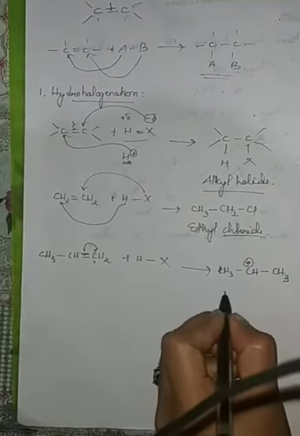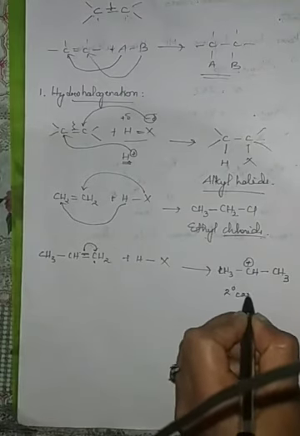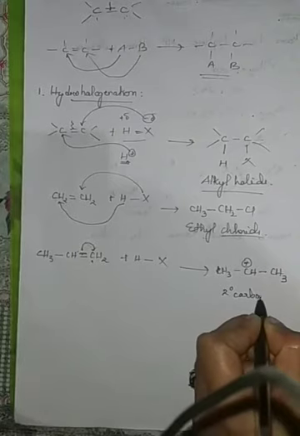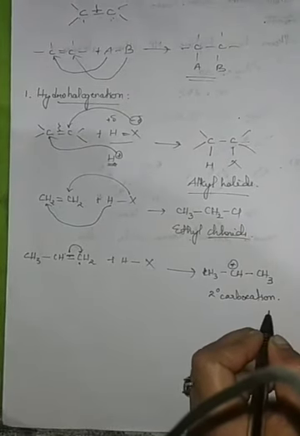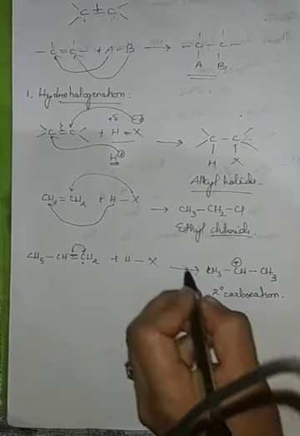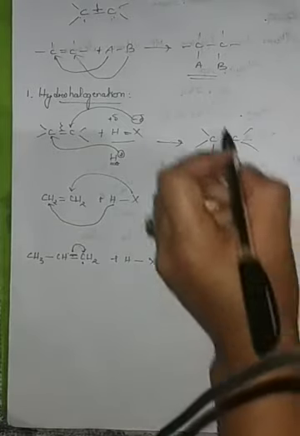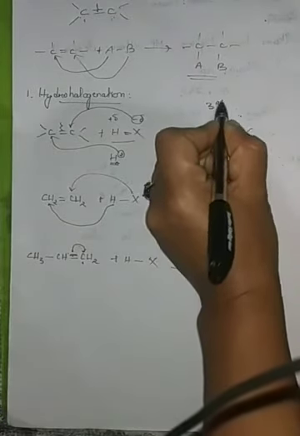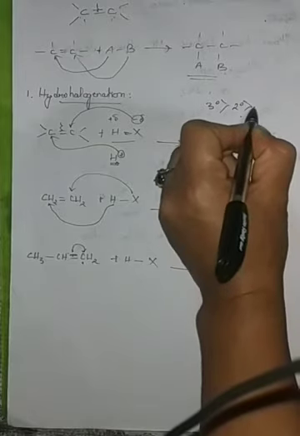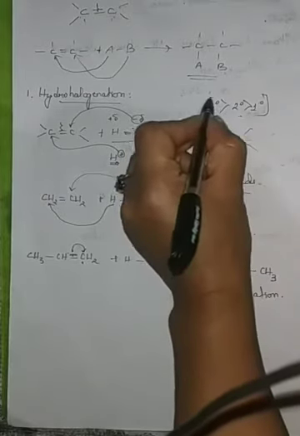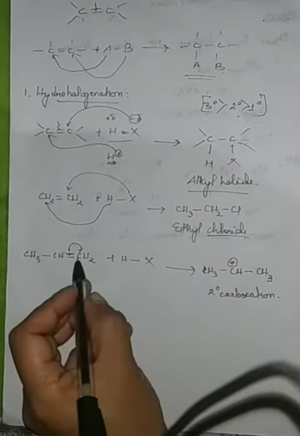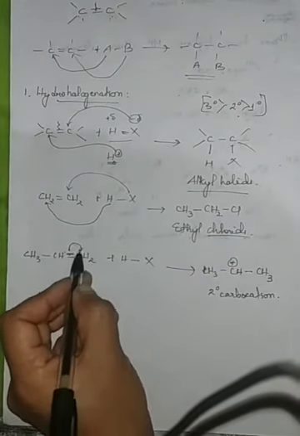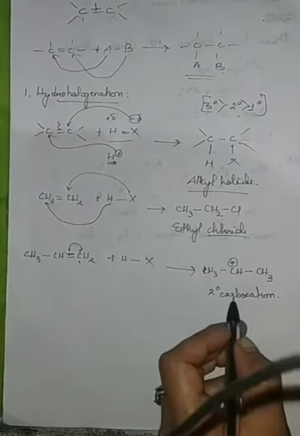Now, this is a secondary carbocation. We know that in terms of stability, a tertiary carbocation is more stable than a secondary, which is more stable than a primary. Keeping this in mind, when the bond breaks here, we'll be getting a secondary carbocation.